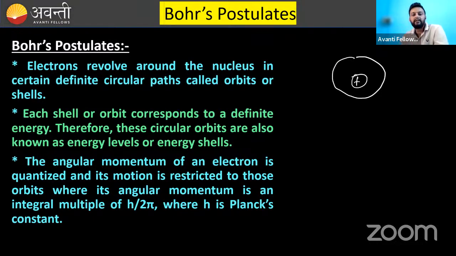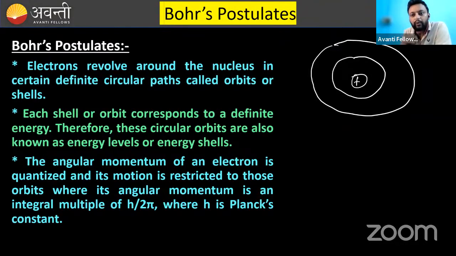I am explaining this; you can read the statements mentioned over here, but I am explaining it side by side. Now, electrons are revolving in these orbits. So what Bohr says is that electrons cannot revolve in any of the orbits. Mark my words, electrons cannot revolve in any of the orbits.